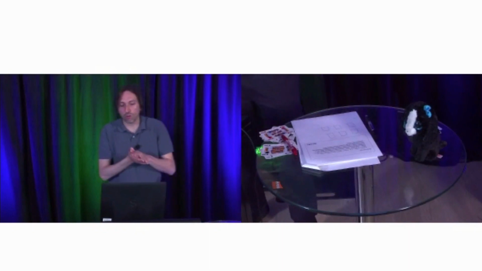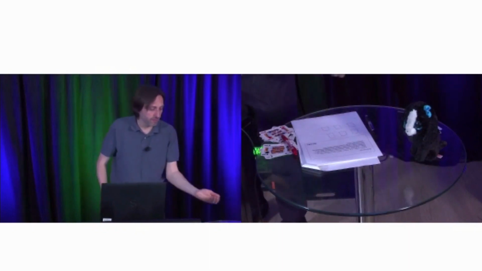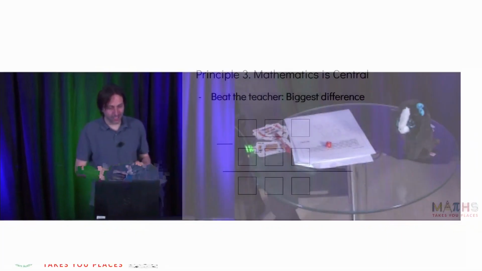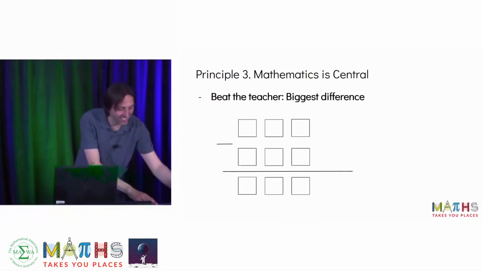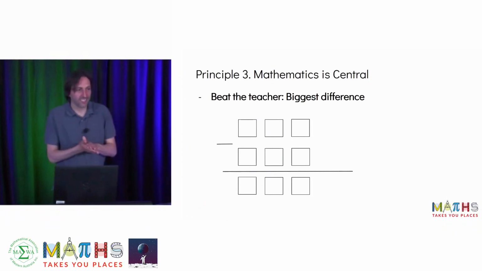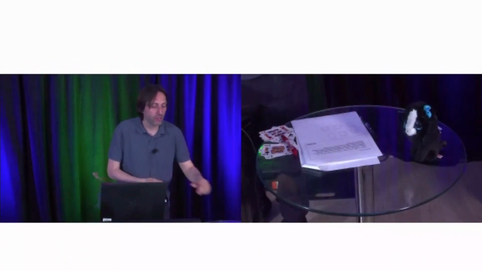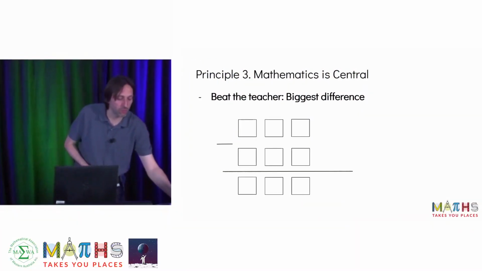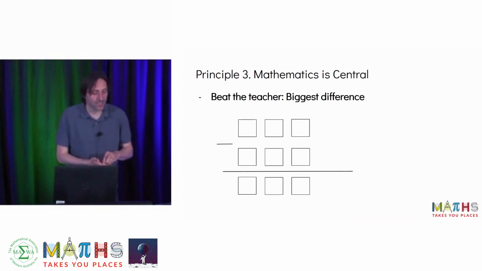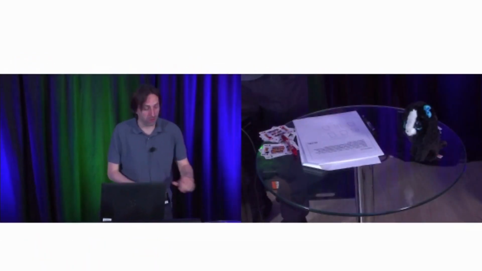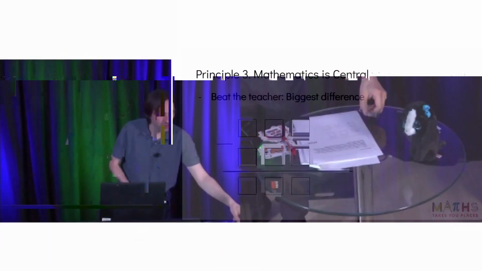Okay, and I'm going to roll the dice again. I rolled an 8. So think about where you want to put your 8. I've rolled a 2. Think about where you want to put your 2. I've rolled another 2. Where do you want to put that 2?